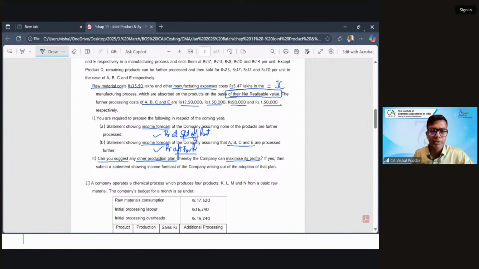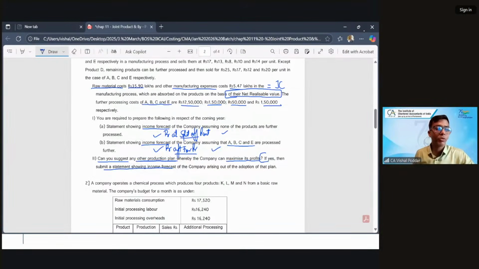That is, few products at split off, few products after further process. This is your decision making. And on the basis of this, they are again asking you to submit an income statement showing the income forecast. That will happen as per your option. So as I said, you will have to do four things. Generally, the question asks all the four things.